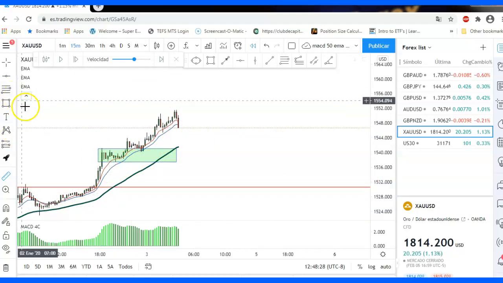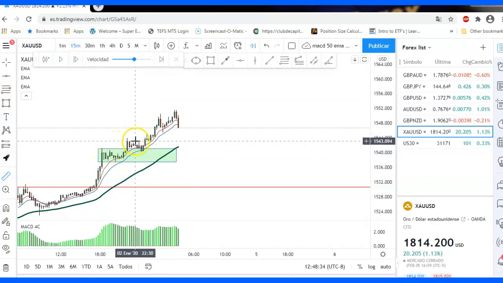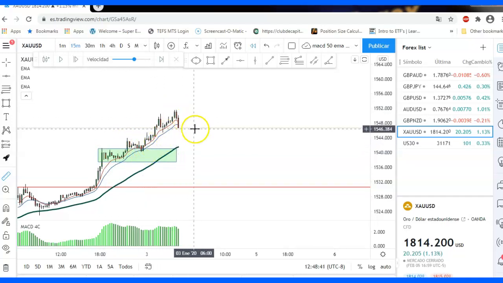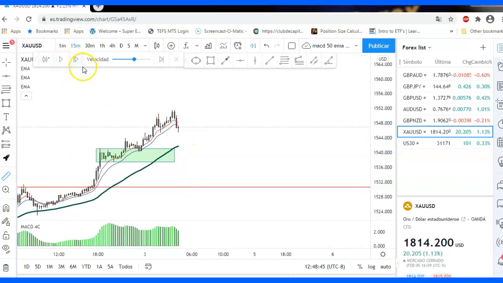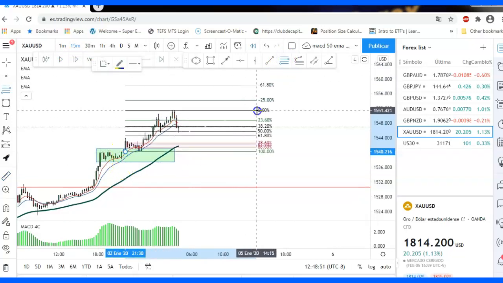Okay, so let's keep going. So we break this structure, came up, retest the structure. We broke this one now, so we can fib this move definitely because I have a significant retracement. Let's see if this continue. Yeah, we can fib that area right there, which is a small fib from here to here.